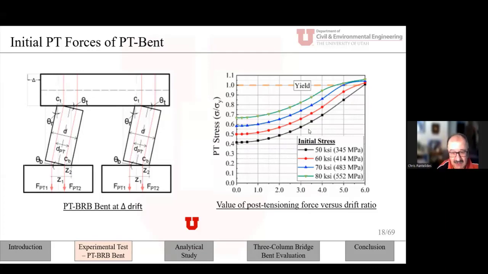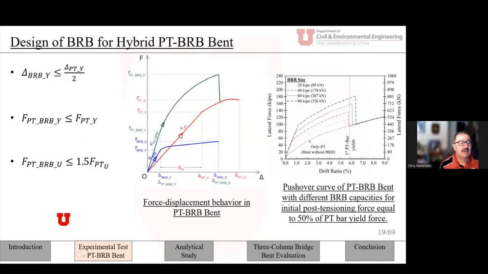So here on the right-hand side, you can see a prediction of a pushover curve of the post-tensioning bridge bent without the BRB, which is the straight black line here. And then what you are seeing here is the pushover curve for different tensile capacity BRBs, like 20 kip, 40 kip, 60 kip, 80 kip.